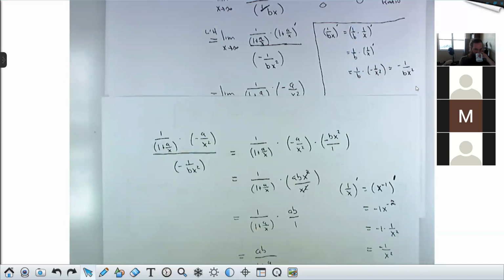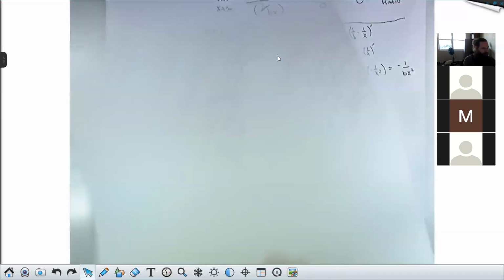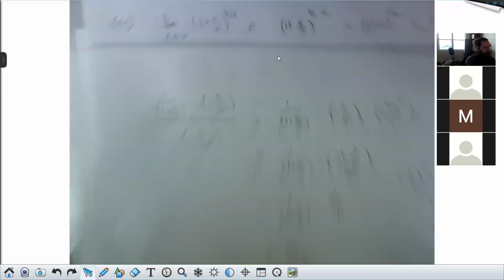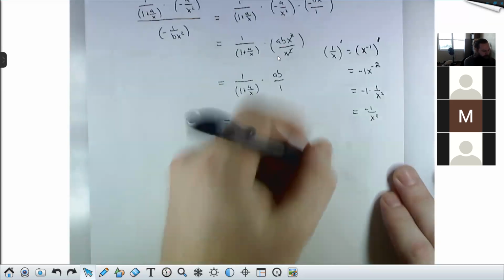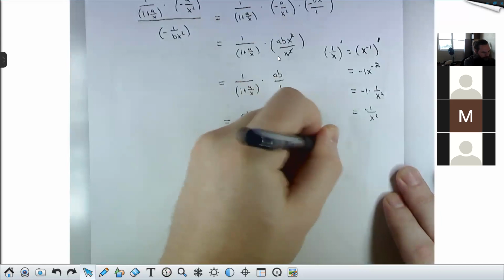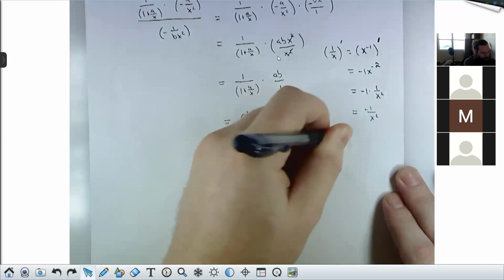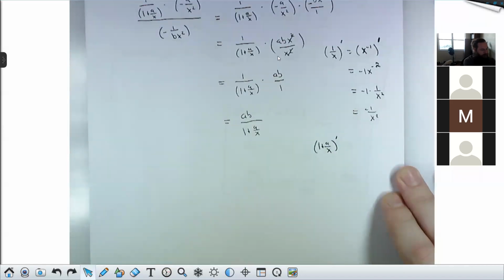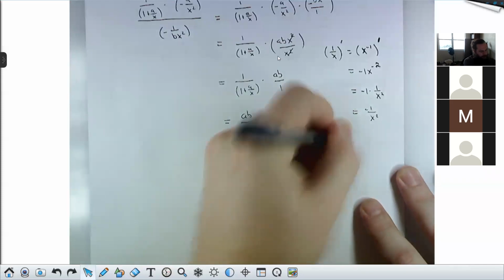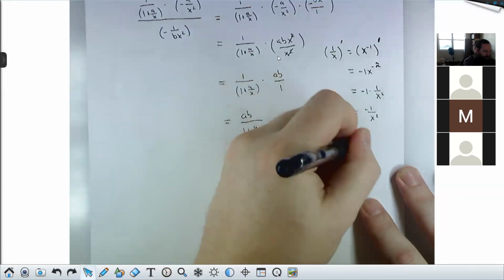So you're doing the same thing for the 1 plus a over x? Yep, same sort of thing for 1 plus a over x. Sorry, this work is kind of getting all over the place now, but yep, same sort of business for that. If I want to prime 1 plus a over x, the 1 differentiates to 0.